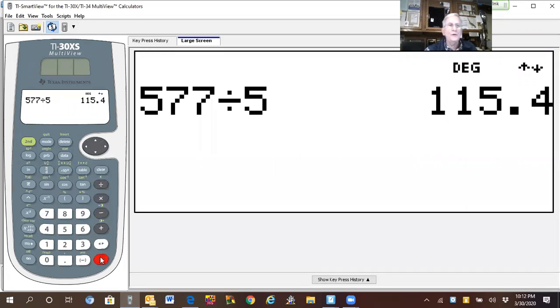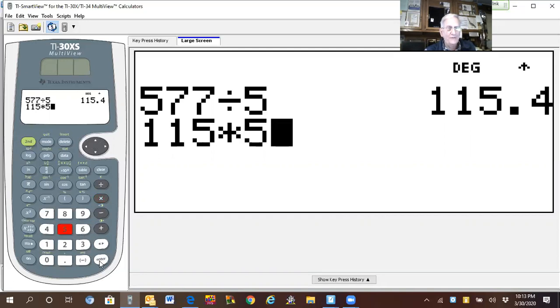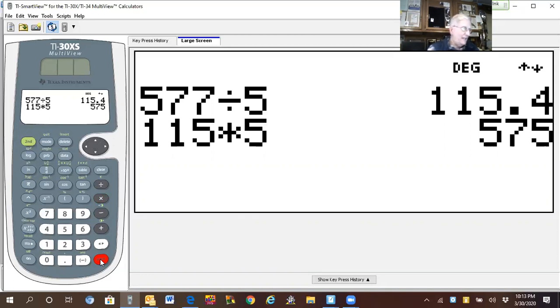Notice you get the whole number, 115. Throw away your decimal. If you simply take the 115 part of it and multiply it by your mod number, 5, you get 575.